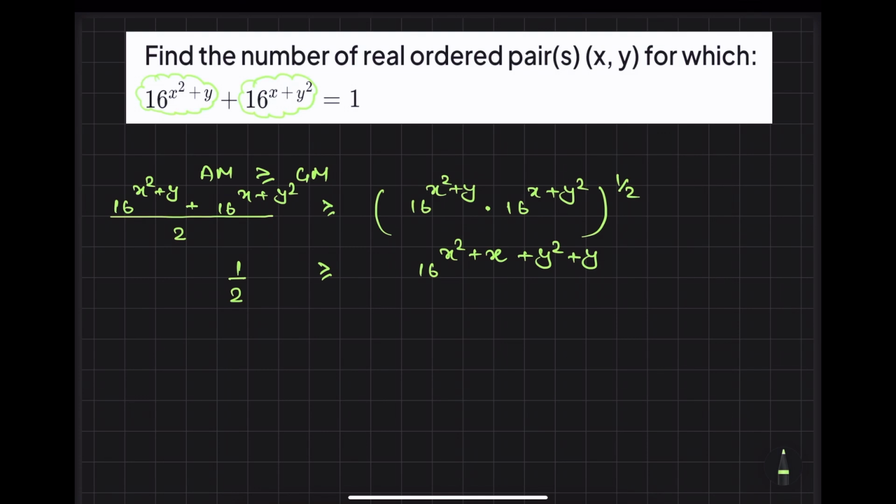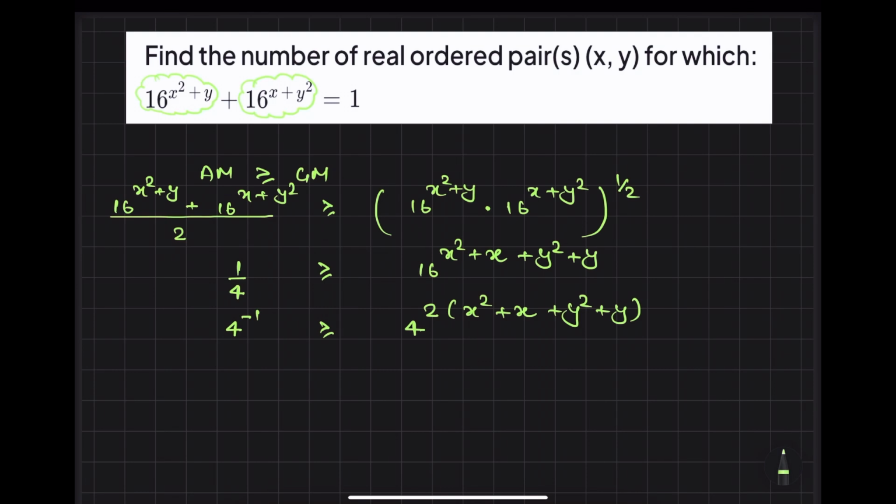So can I square both sides? If I square both sides, 1 by 2 will become 1 by 4. Now if you observe, can I convert this into base 4? Yes. I can write 4 power minus 1 over here, and here I will write 4 power 2 times x square plus x plus y square plus y.